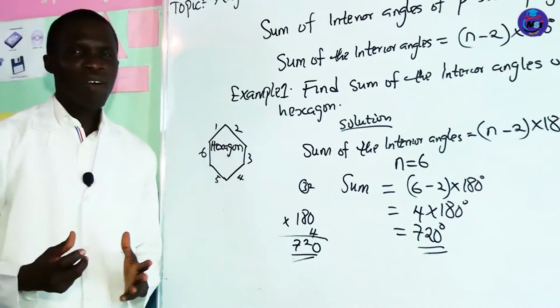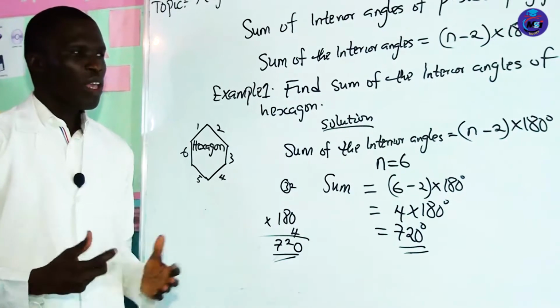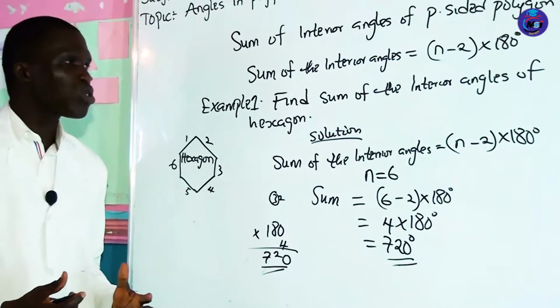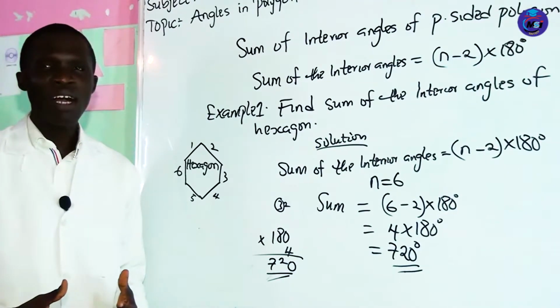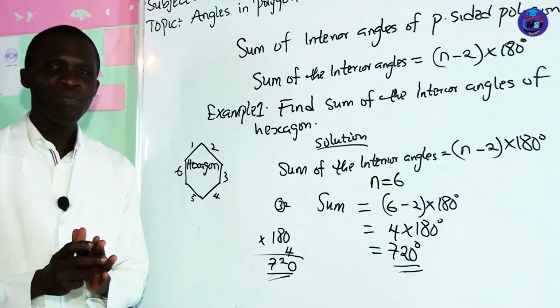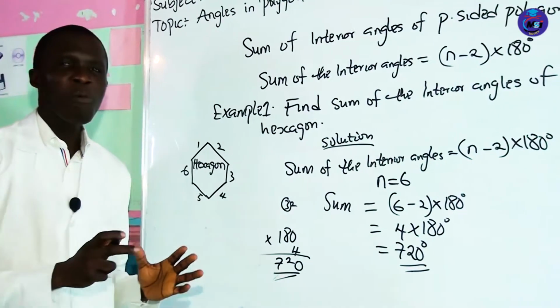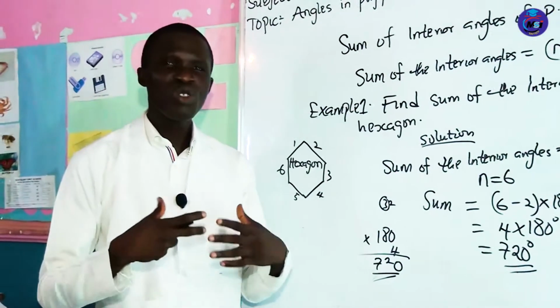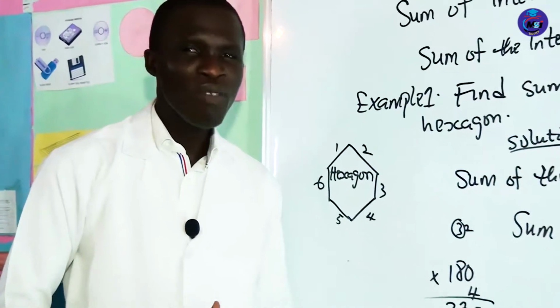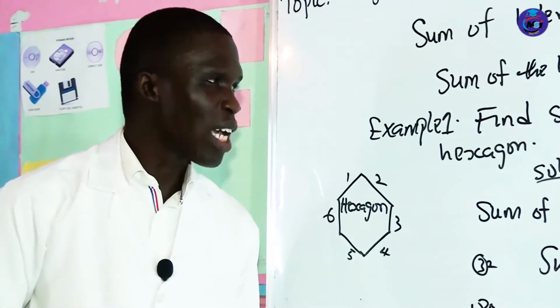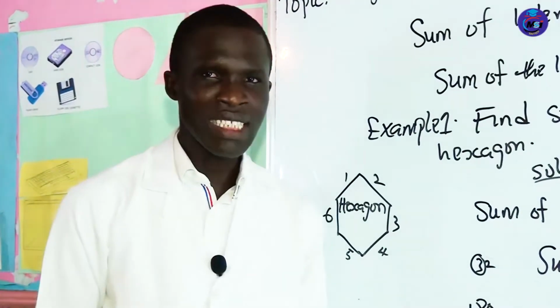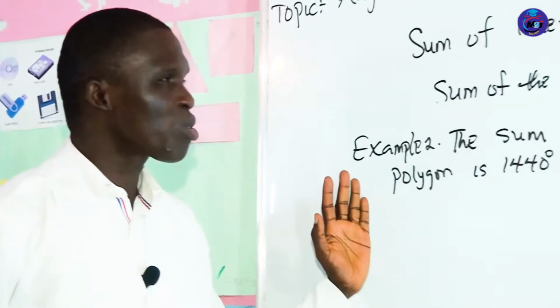Hexagon. Now, I want to give you another example. If a question is given to you like this, you have the sum of the interior angles of a particular polygon, but you don't know the number of sides, or you don't know the name of that polygon, what are we going to do? That's what I want to tell you now. Okay, let's look at this example together. We want to solve this question.